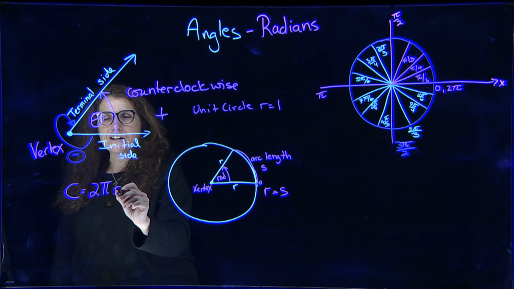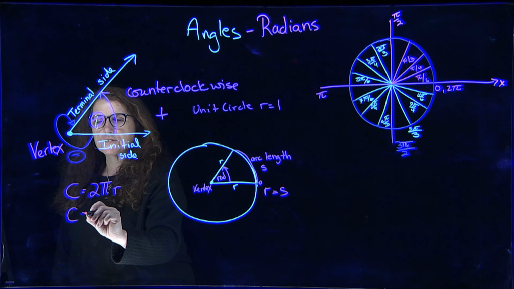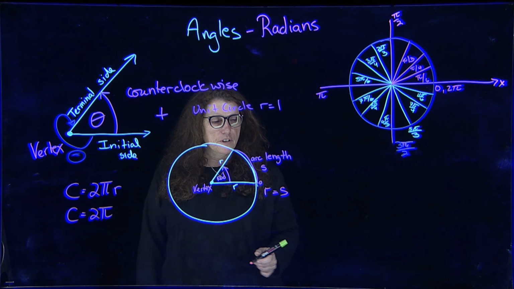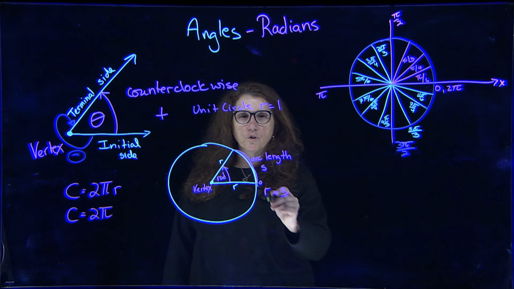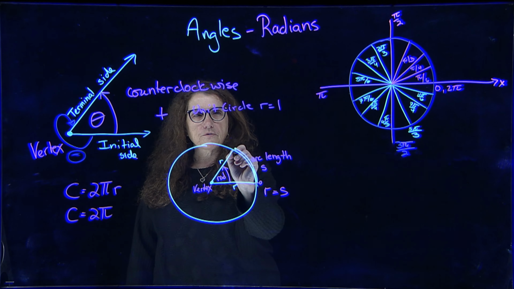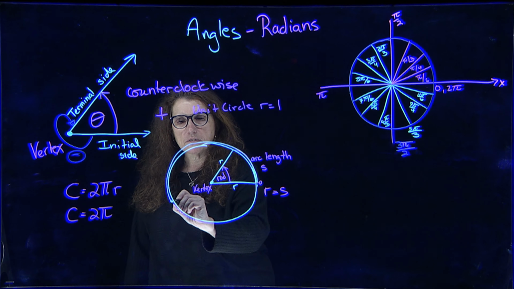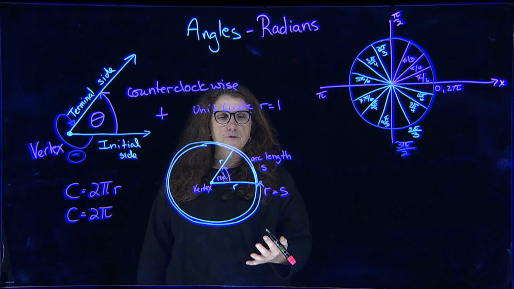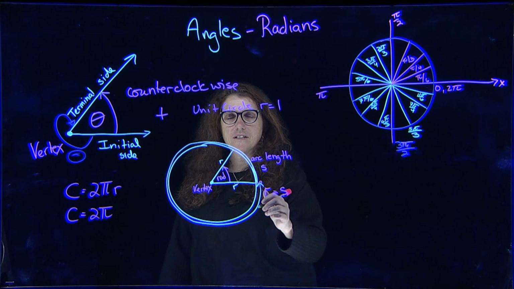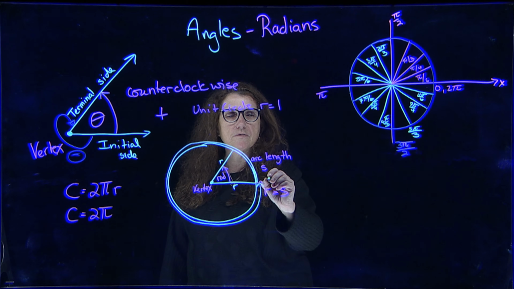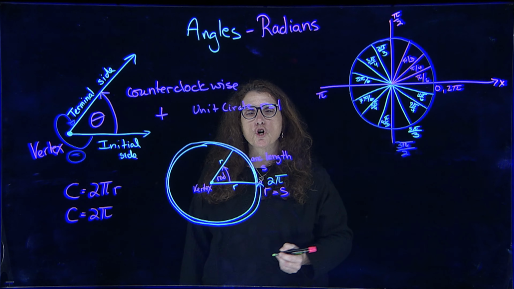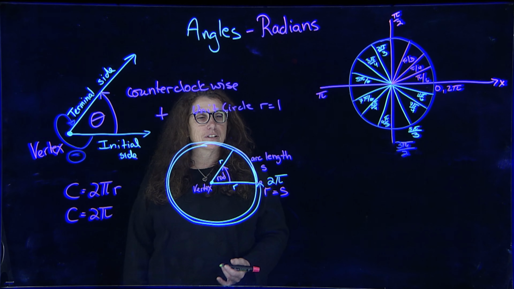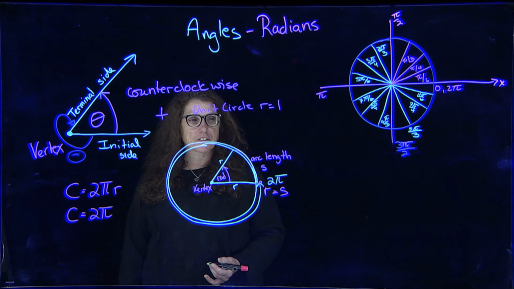So if r is equal to 1, we get a circumference of 2 pi, and in trigonometry, we call this one full revolution. One time around the circle, of course, counterclockwise. If we started at 0, one full revolution is considered 2 pi. So 2 pi is the equivalent of 360 degrees.